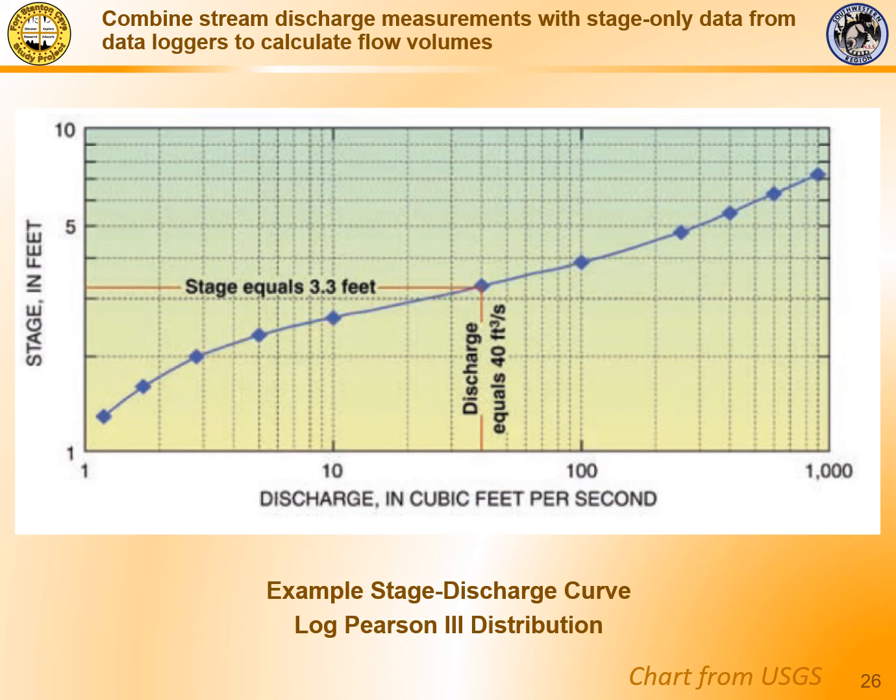Each of these diamonds represents a stream discharge measurement that was made with a current meter and current meter outfit, and we connect the dots in this case with a log Pearson type 3 distribution, and anywhere we know the stage, we can come out here and compute the discharge. We can estimate the discharge.